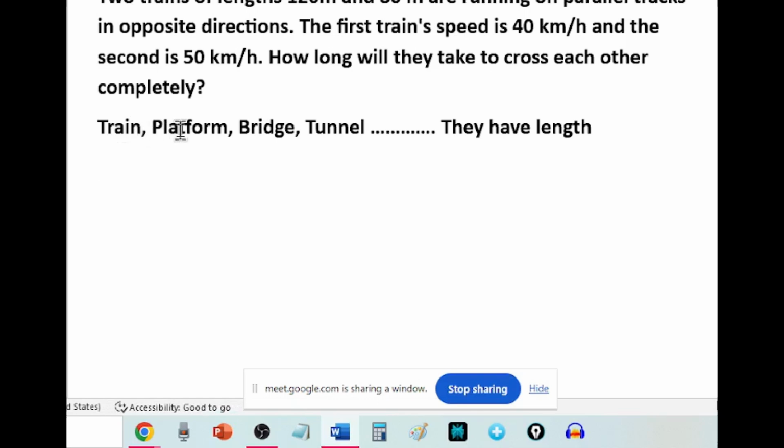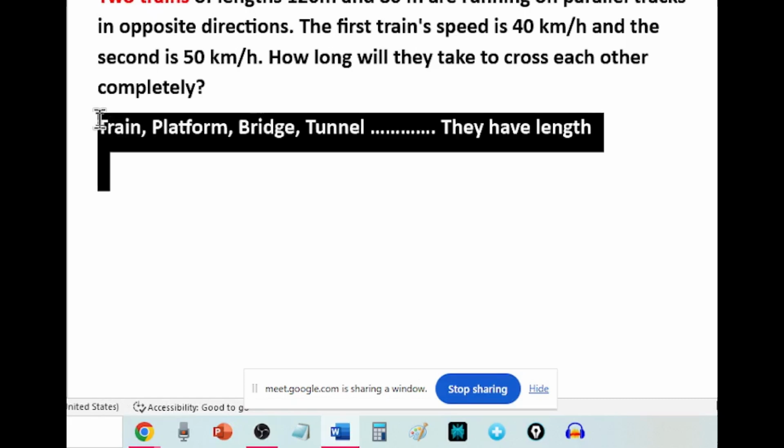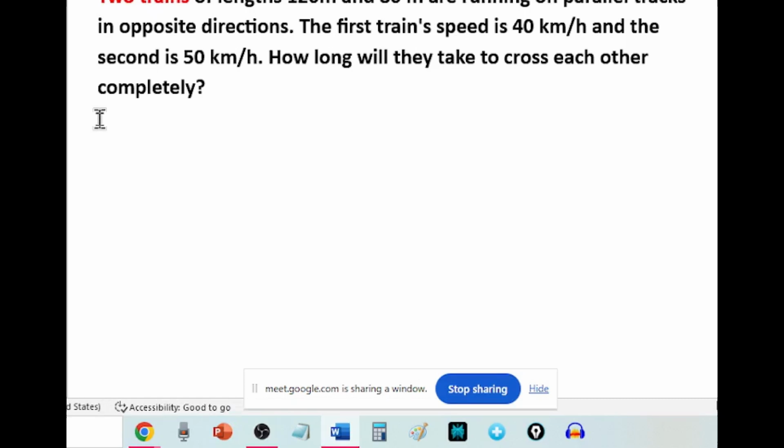Okay. So now what are we having? Two trains. In this case we are having two trains, so we will add the lengths of the two trains. Both the trains have lengths. So the total length of the two trains will be 120 meters plus 80 meters, that will be equal to 200 meters.